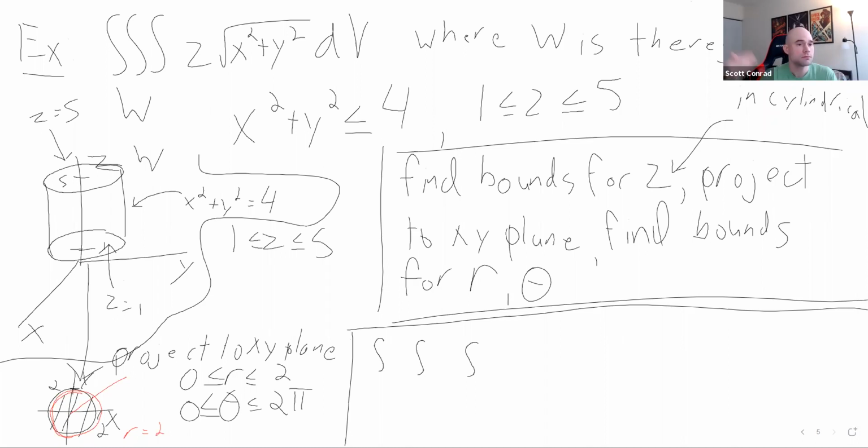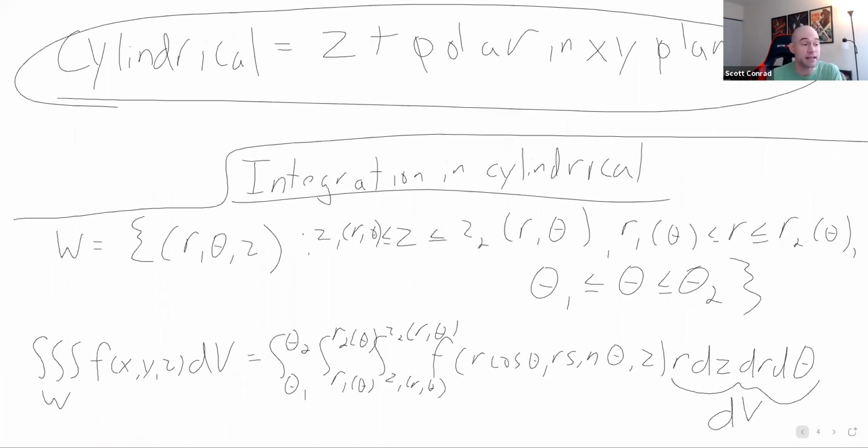So let's convert z times the square root of x squared plus y squared into cylindrical. Z stays z. What is the square root of x squared plus y squared in cylindrical? Remember, it's the same as polar.